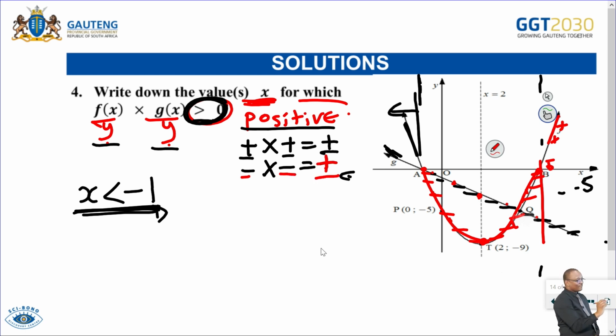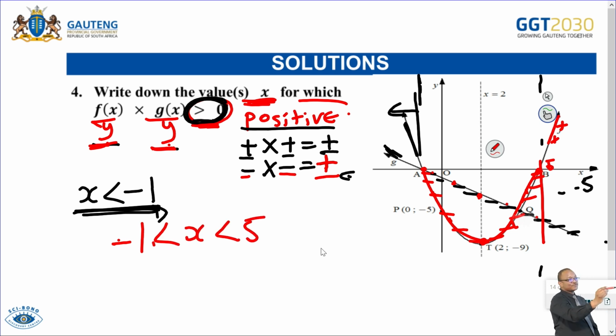So now, the values of x where you multiply the y values of f and g and you get positive, the next interval is -1 up until 5. It means the x values from -1 up until 5. If I were to multiply their y values, I am going to get positive answers.